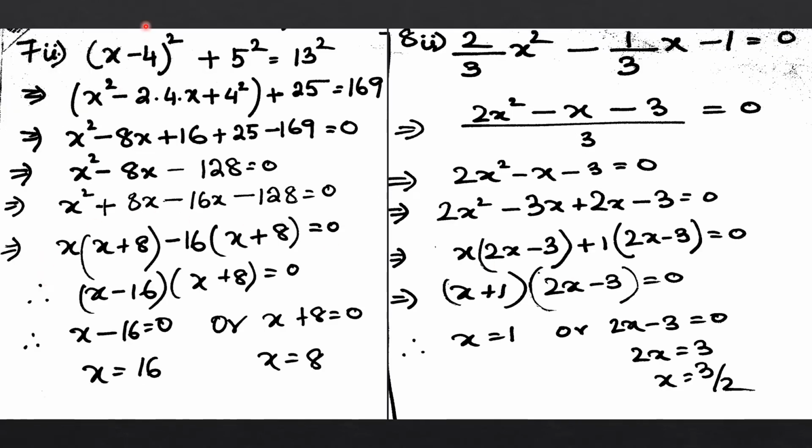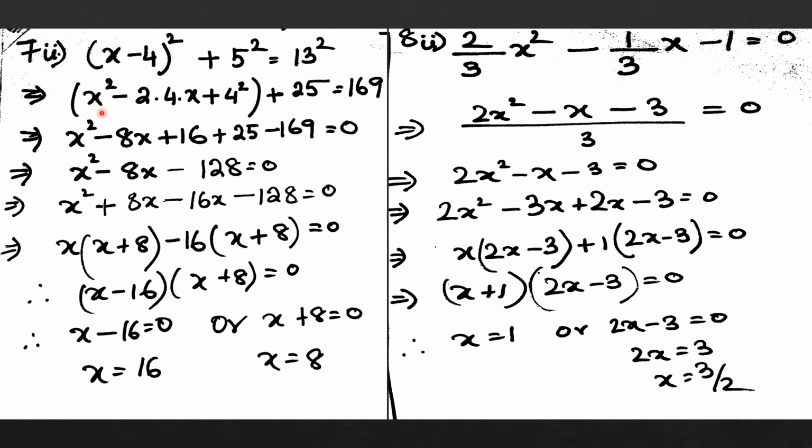Next slide, we have x minus 4 whole square plus 5 whole square is equal to 13 square. It is a very easy equation where we have x minus 4 whole square, and we can expand it using the formula for a minus b whole square. 5 square is 25, and 13 square gives us 169.